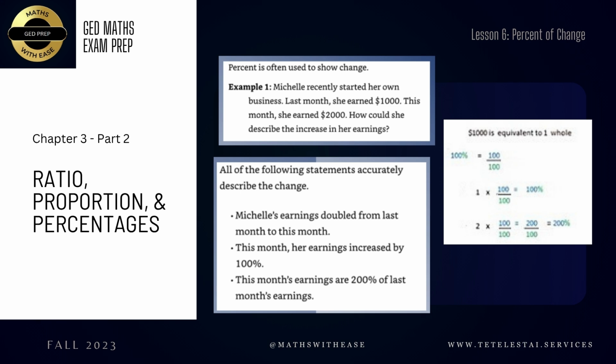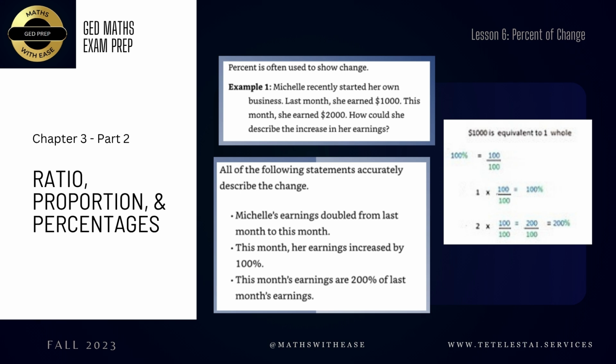We can redefine 2,000 in terms of its whole as 2, and then you simply multiply 2 by the percentage. Again, the amount increased in its entirety. It wasn't 10%, it wasn't 20%, it was 100%. So you simply multiply 2 by 100%, and that would give you 200 over 100. Rewriting 200 over 100, you can write it simply as 200%.